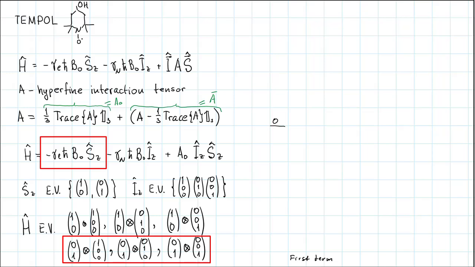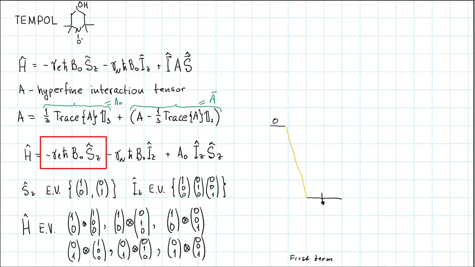It can be easily shown that this action on these three states will give the same result, equal to gamma E h bar B0 divided by 2, which we'll draw here below 0 because gamma E is negative for electron spin.